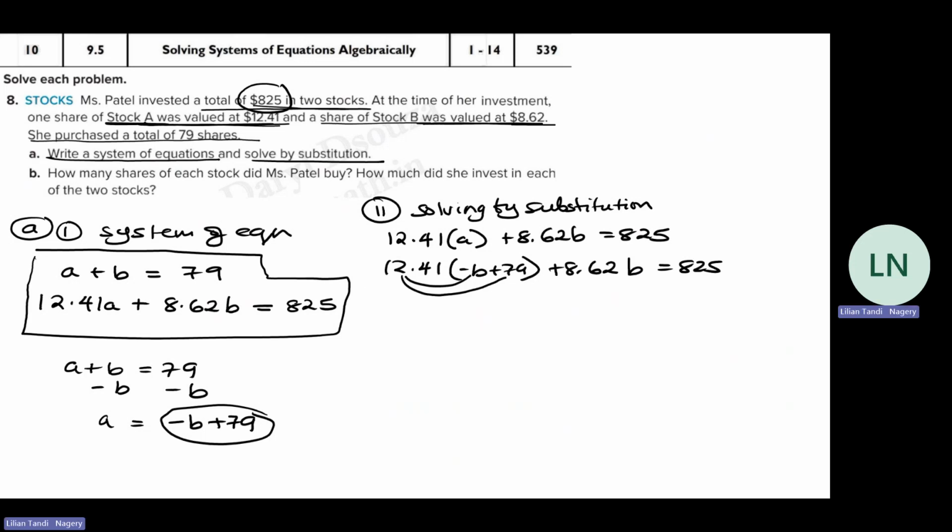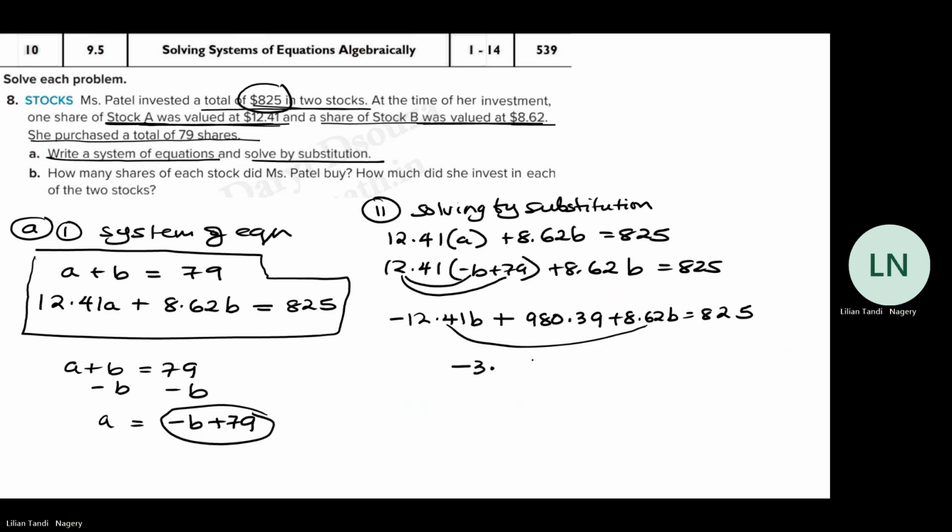Now I do distributive property. I should get negative 12.41B plus 980.39 plus 8.62B equals 825. These are like terms, and that should give me negative 3.79B.